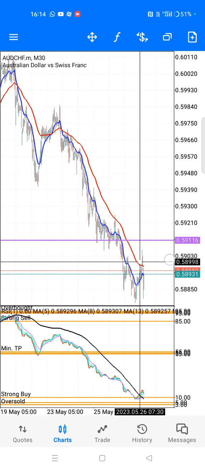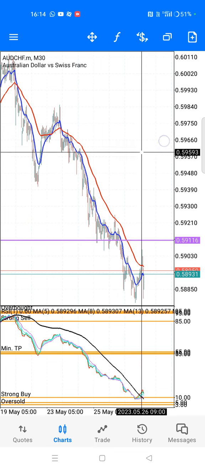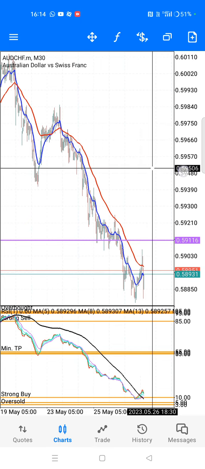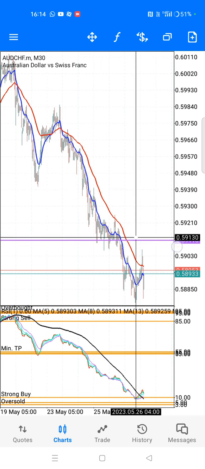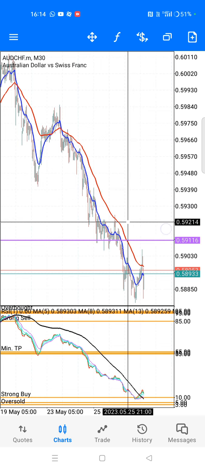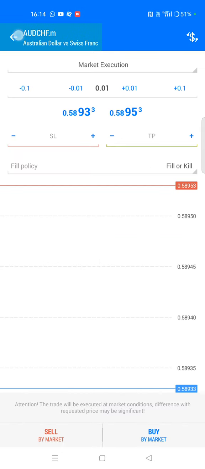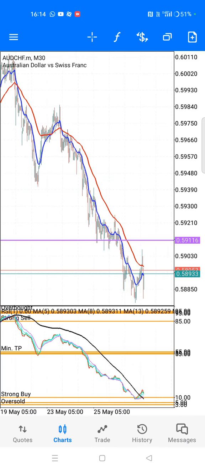Unless there's news, then if it's positive or negative in the news, something will happen to the candlestick. It will break this nearest supply zone, and then if it breaks, then boom, you can look for buys after that.